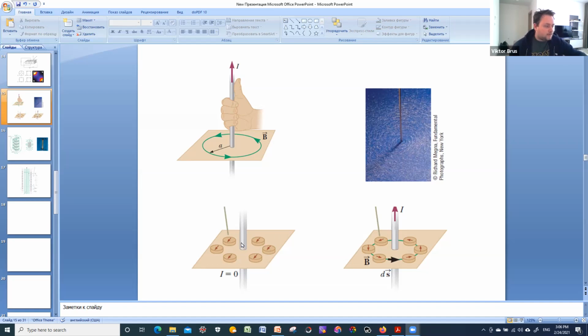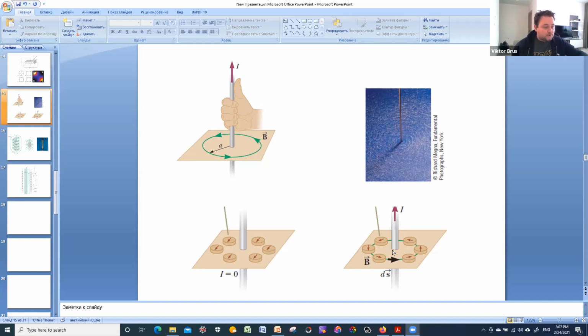So that means if we don't have any current flowing through the conductor and we place these small magnets, like small compass needles, next to the wire, they will be oriented along the weak magnetic field of the planet Earth.